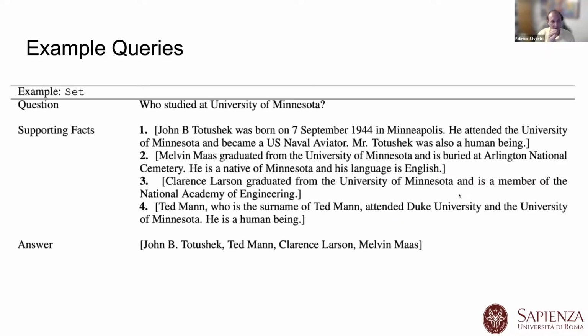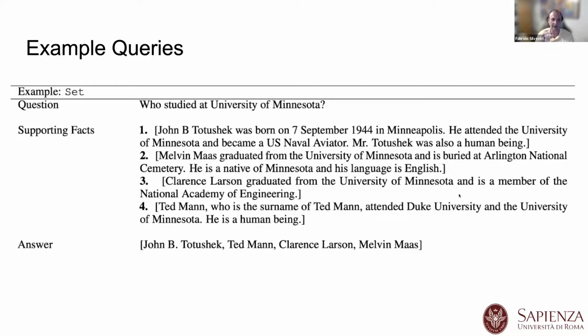So here are some example queries. In this case, we wanted to generate a set query. And a possible query is, who studied at University of Minnesota? And here are the supporting facts. So we know what are the facts that will help answer the query. And the answer is listed in the last row of this example.